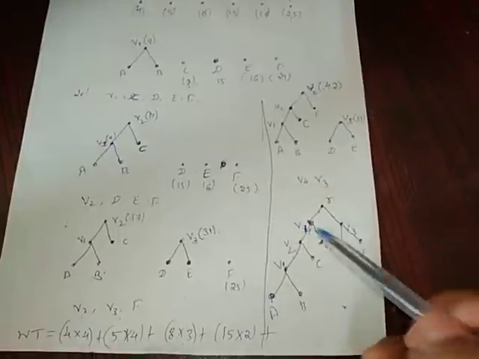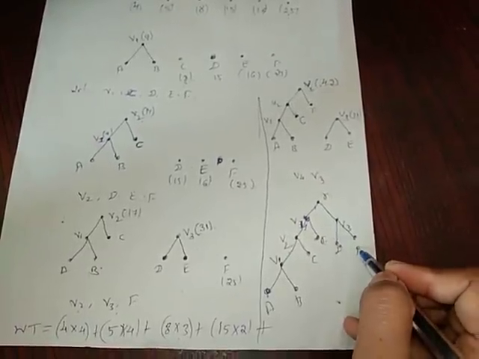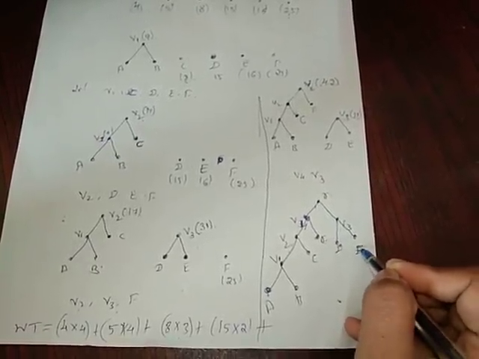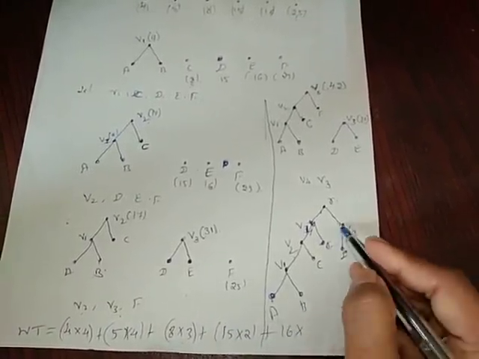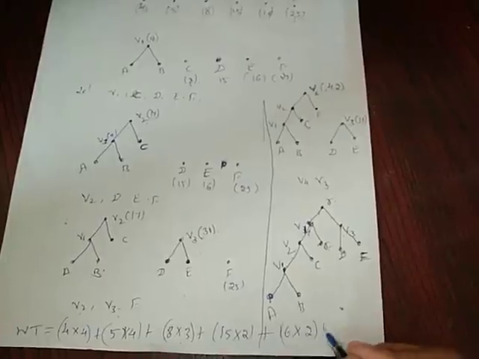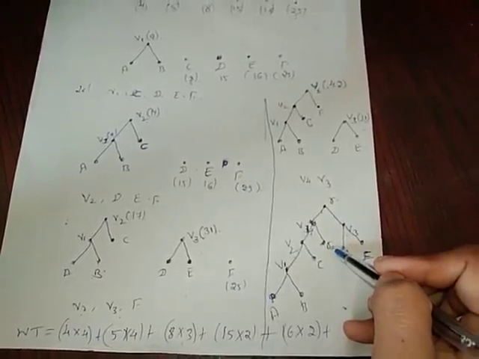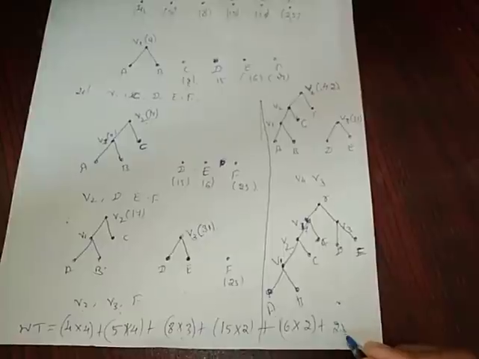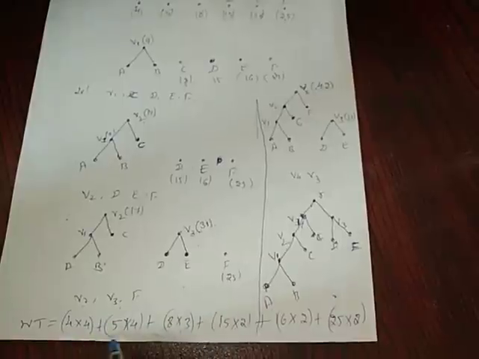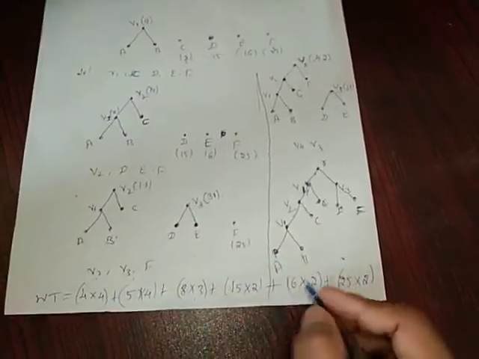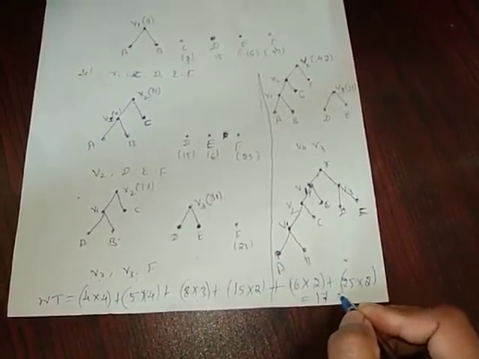Now come to the vertex E. Weight of E is 16, length is 1, 2. Now come to the vertex F. For F, weight is 25, length is 2. Simplify and get the addition of the terms. We get 172. That is the weight of the tree here.